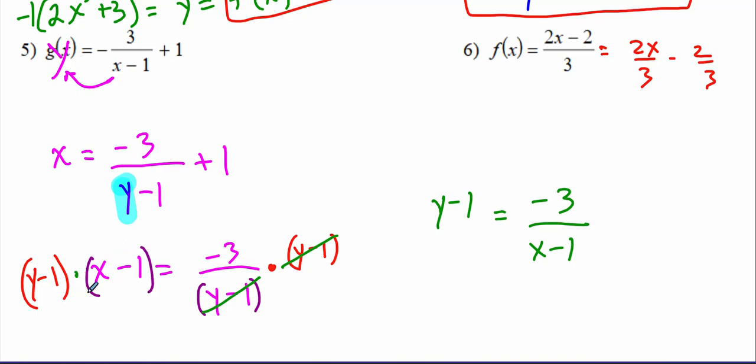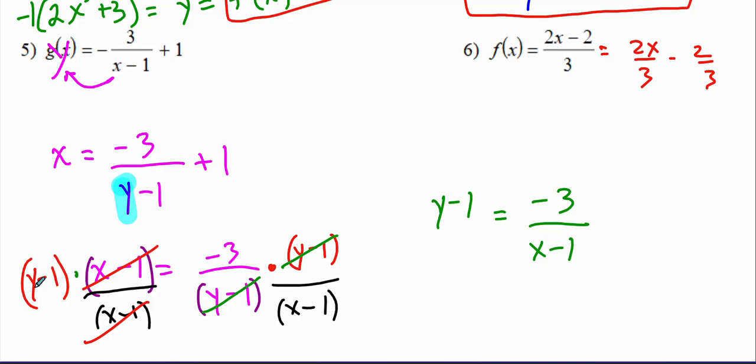I'm dividing both sides by this, so you could think of it sort of like this. And on this side, x minus 1. I'm dividing both sides by this. These cancel. On this side, this cancels, leaving you with y minus 1.